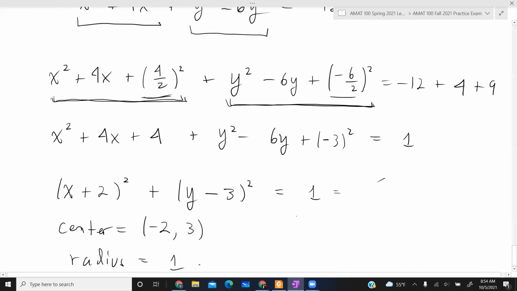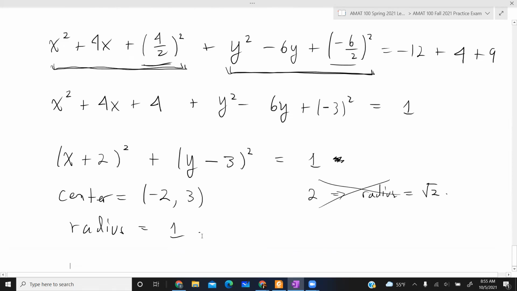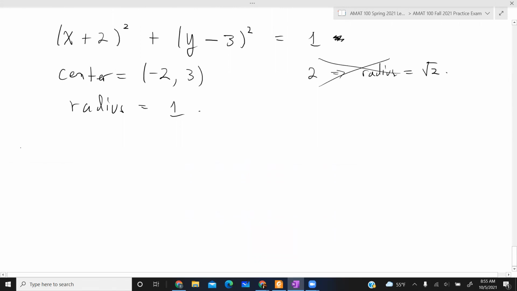If the right-hand side were 2, that would imply the radius is the square root of 2, because that would be your r squared value, and you would need to take the square root to find r. So that completes number 8.